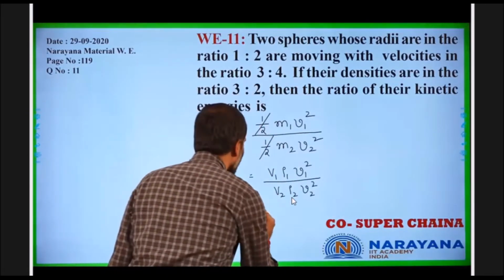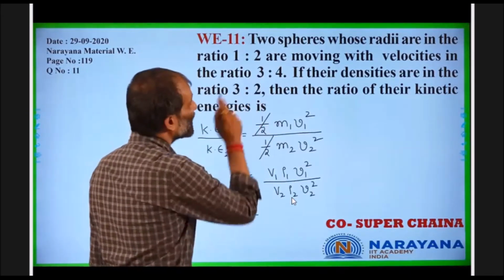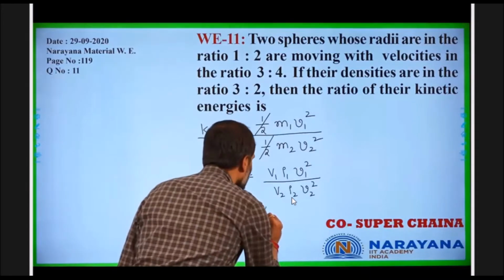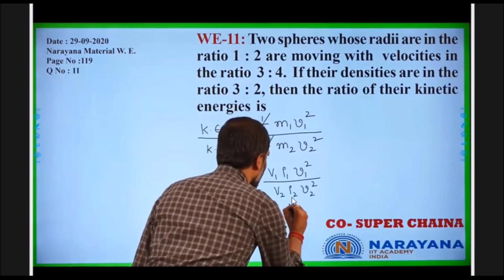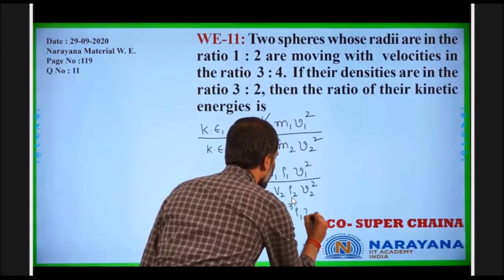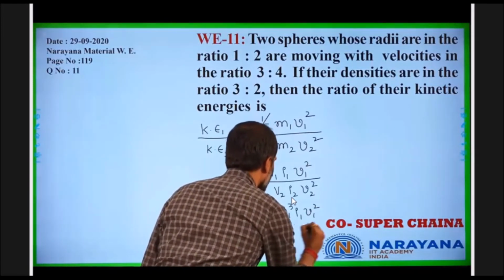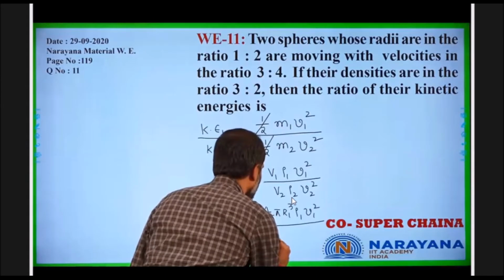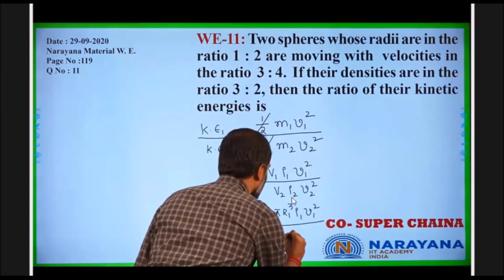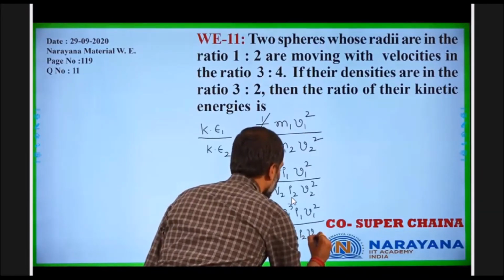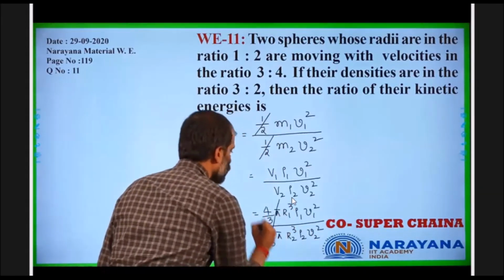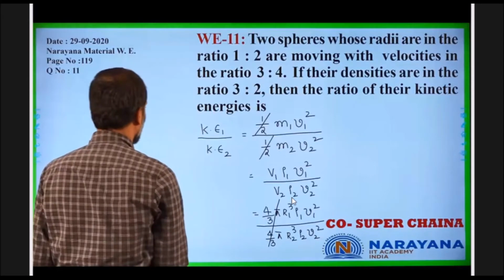Now, here the bodies are spherical in shape, so volume can be written as 4/3 pi r cube: 4/3 pi r1 cube, rho 1 into v1 square by 4/3 pi r2 cube into rho 2 into v2 square. These two would now get cancelled off over here.